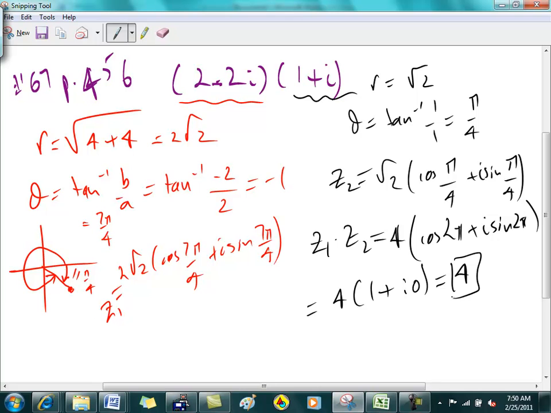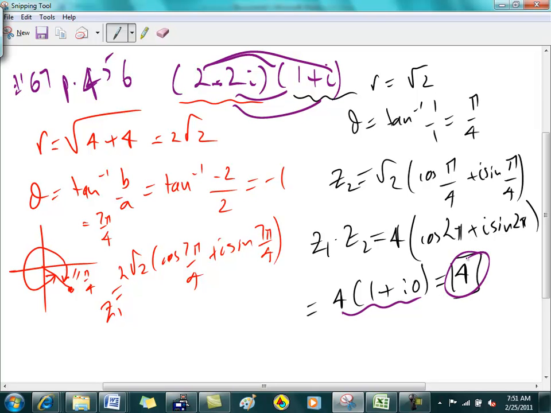So that's your answer. Okay, and to do it the old-fashioned way, you're going to go like this and that, that and that. Just 4. Yeah. So what they've done is they've realized that cosine 2 pi is 1, sine 2 pi is 0, and done this math and given you this answer.